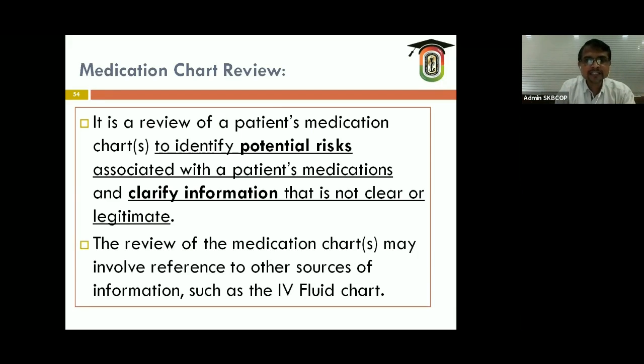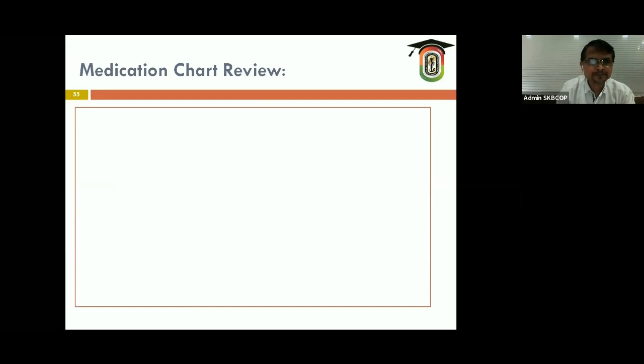The review of medication chart may involve references to other sources of information such as IV fluid chart. Right? So in some hospitals, the intravenous fluid chart is prepared separately. Okay. So that chart could also be taken as a reference for reviewing the general medication chart of the patient.